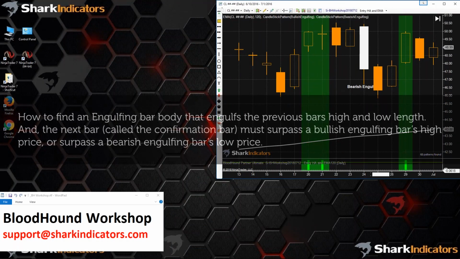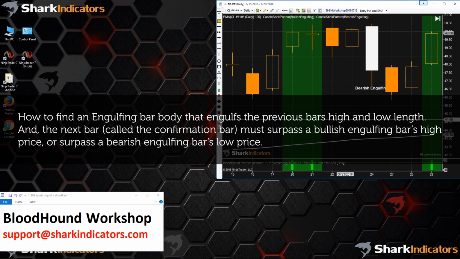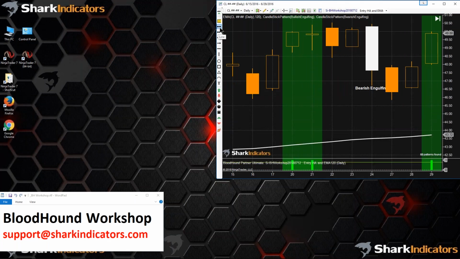Okay, so let's define this type of engulfing pattern here. It's a little different than NinjaTrader's engulfing pattern. So with this type of engulfing, you have to take the previous bar, and you have to take the high of the previous bar, and the low of the previous bar. I'll use a rectangle here.